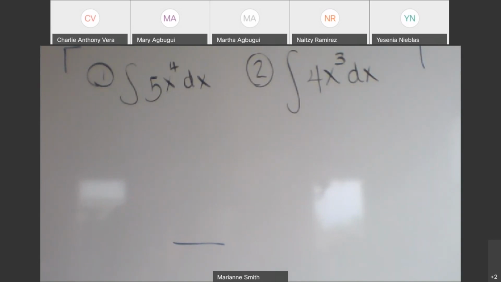Remember what we're doing. We're adding 1 to the exponent, dividing by the new exponent, and then adding a c. Again, as soon as you have an answer, just type it into the chat. You can use calculator notation for the exponents, like use the up arrow, the caret, for an exponent.